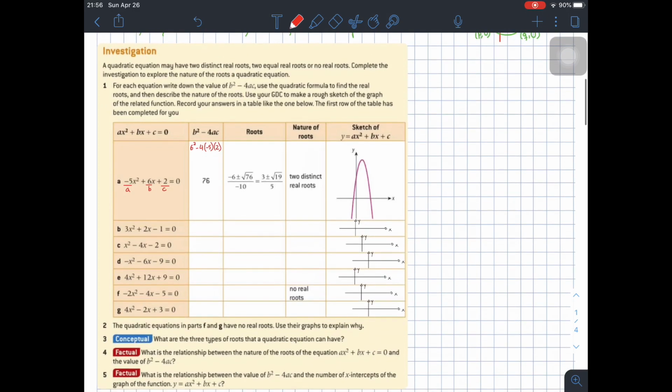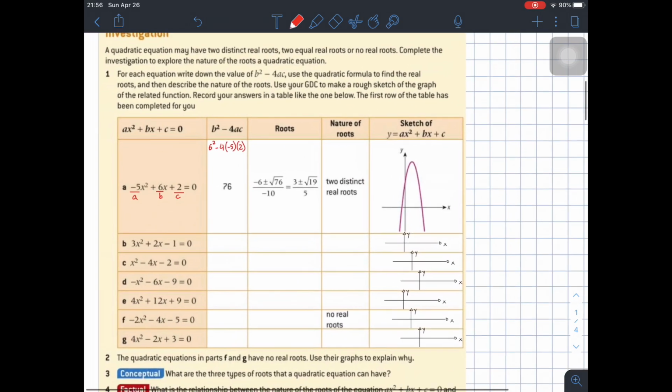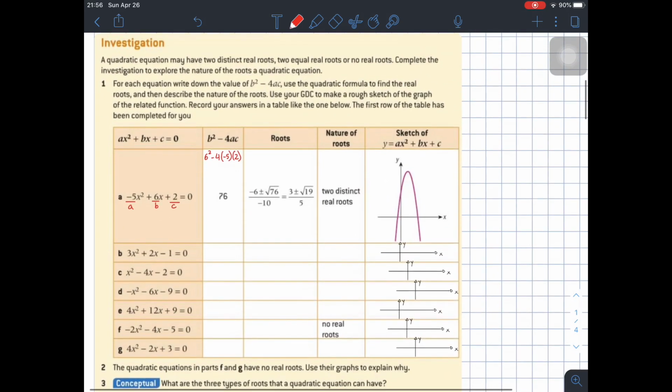Next we're going to do this short investigation in order to try to understand what we're going to study today. It says, a quadratic equation may have 2 distinct real roots, 2 equal real roots, or no real roots. Roots, remember, are x-intercepts. Complete the investigation to explore the nature of the roots of a quadratic equation.